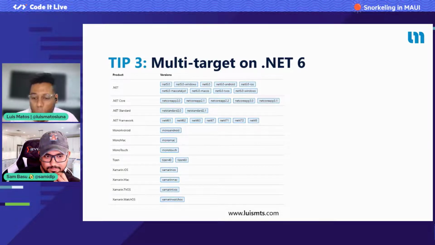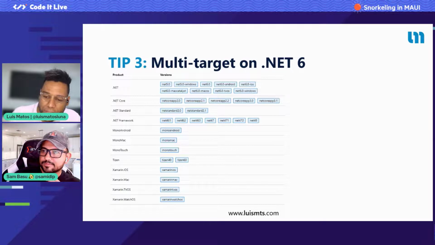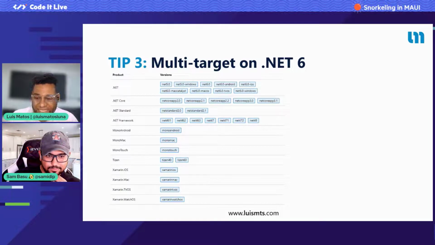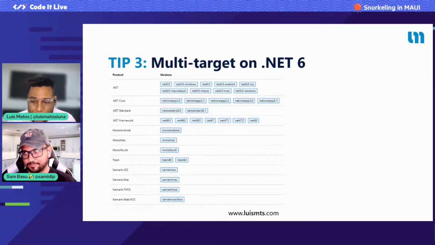But when your project is using the SDK style, in this case for a library, and you want to target .NET 6, maybe .NET Standard 2, you need to see what are those platforms that you need to migrate.